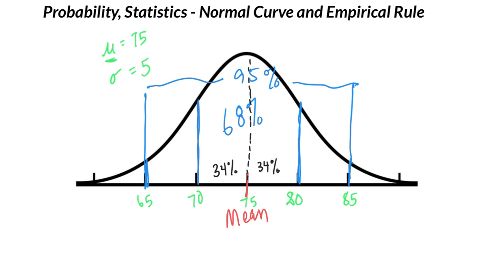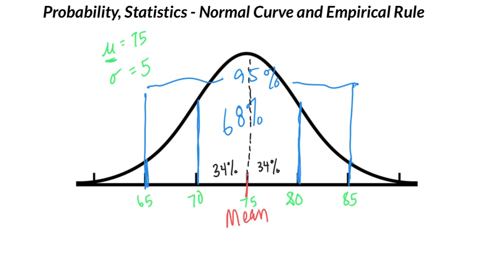So again, if I said, well, what percentage fell between 65 and 85? 95% of all outcomes. Now, doing some quick math, we could split this. We could say, well, that means there's 47 and a half of 95 that lies between 65 and 75, half of that 95%.